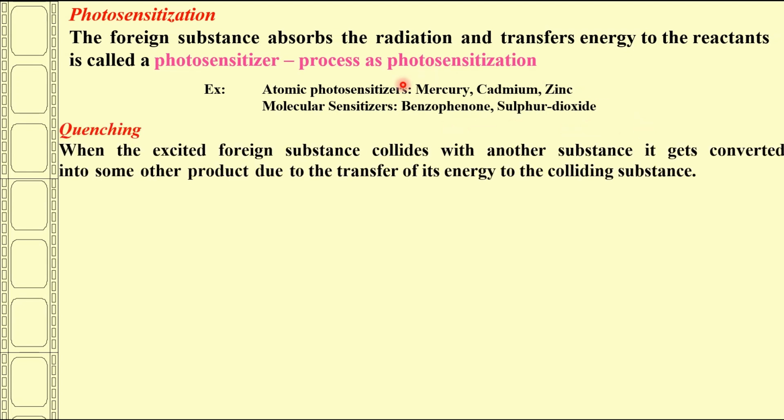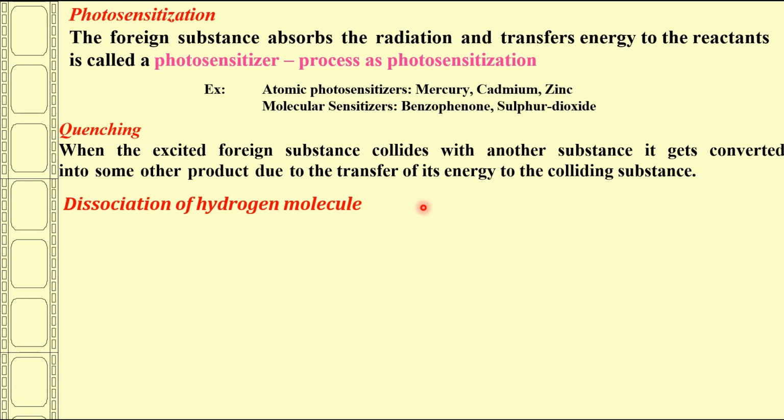And once this excited foreign substance collides and transfers that energy to the colliding substance, it loses its energy and gets converted into the other product, and this process is called quenching. The photosensitizer transfers the energy to the reactants by the process of quenching.